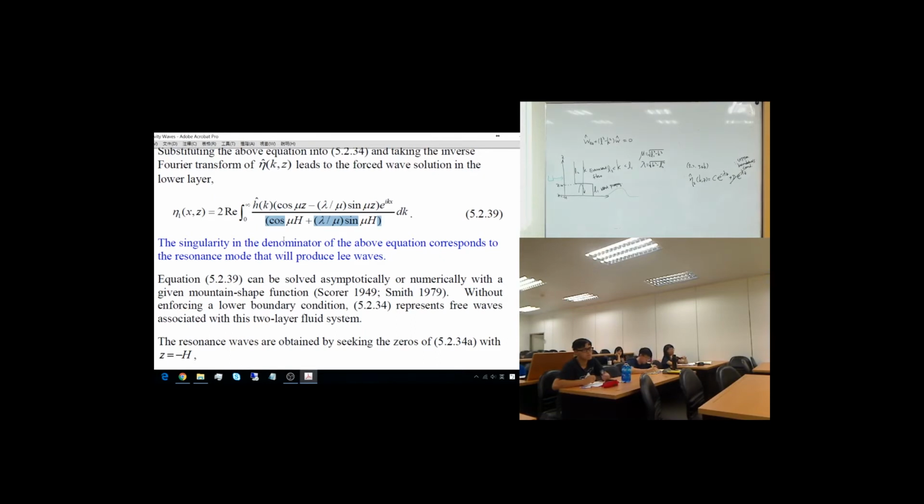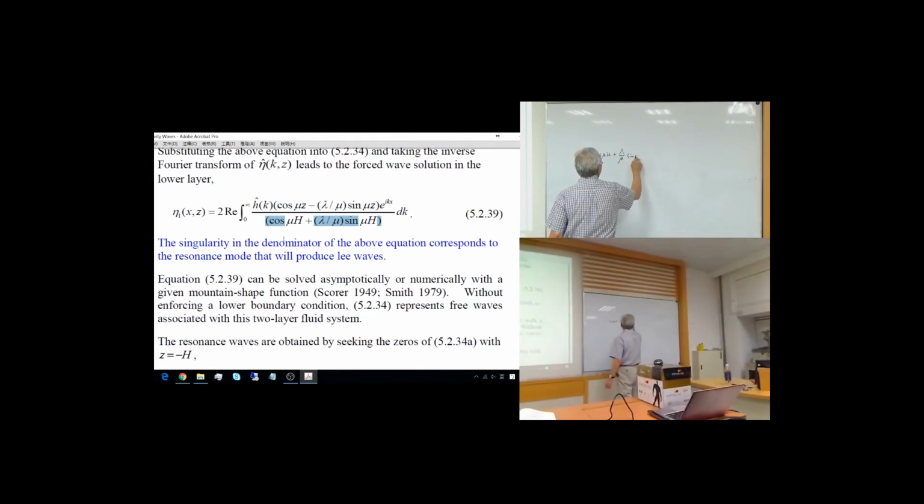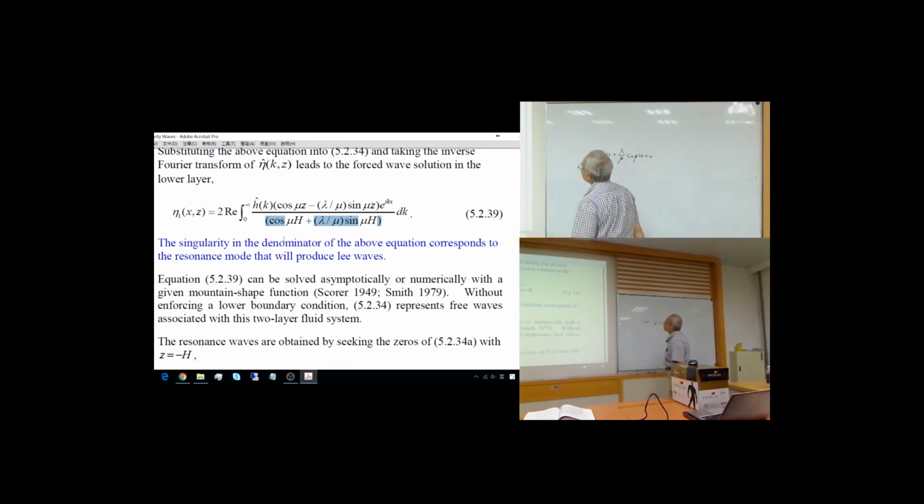So how do you do it? You make the denominator equal to 0. So you make cosine mu h plus lambda over mu sine mu h equals 0.